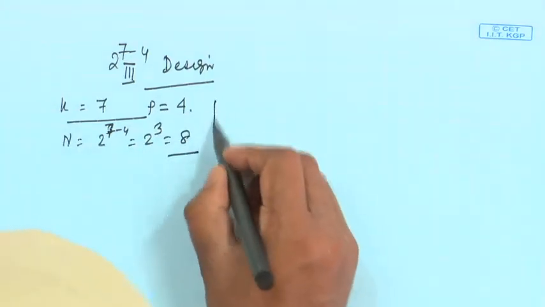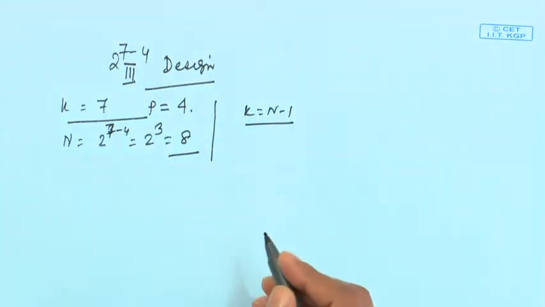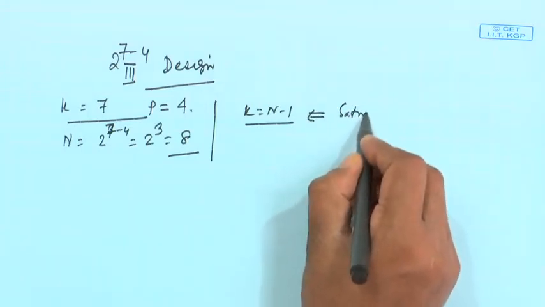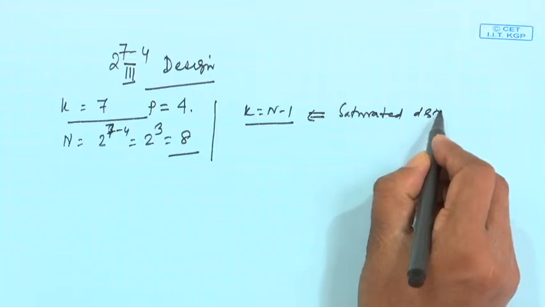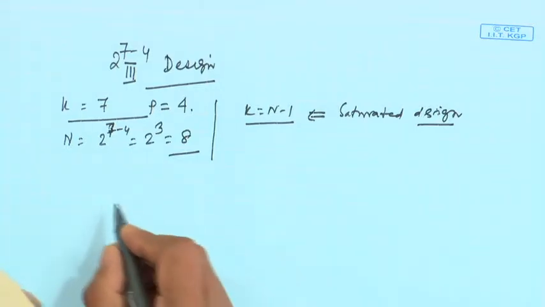This is a case where K equals N minus 1, so this type of design is also called a saturated design.